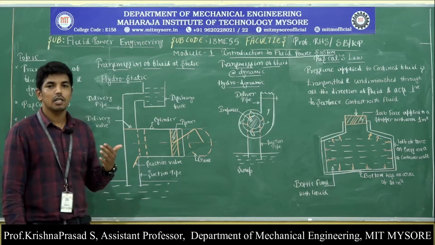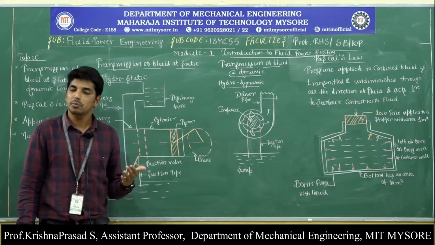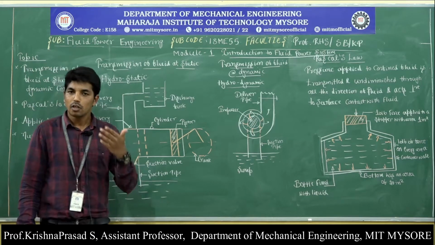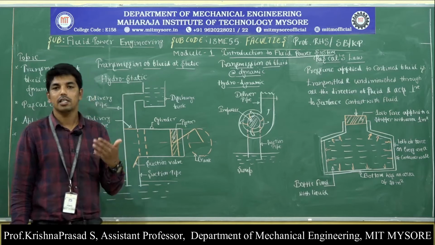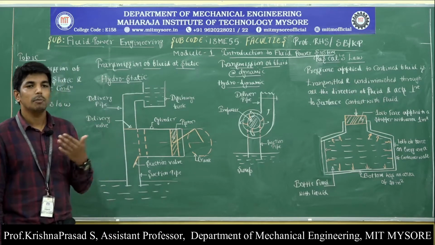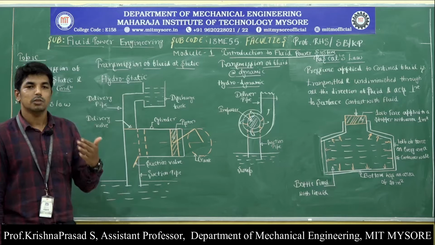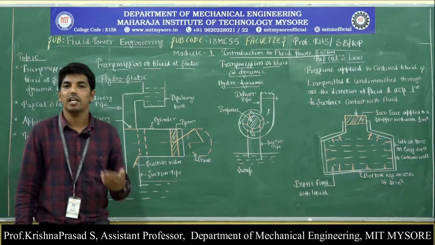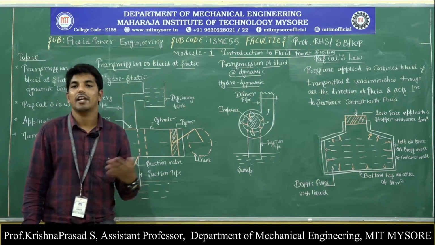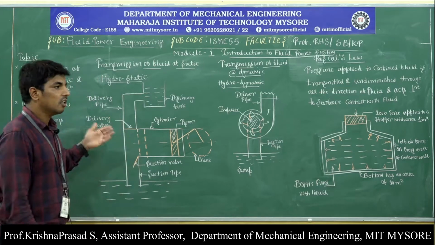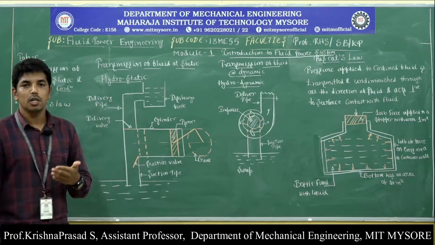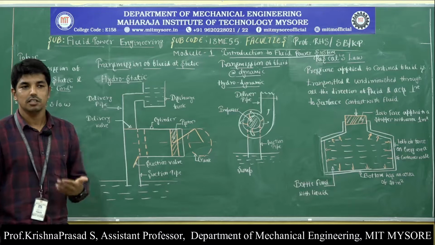But in a fluid power transmission system, power can be transmitted from one place to another with the help of fluids like liquid or gas. So under that, we are discussing the transmission of power in a fluid power system.